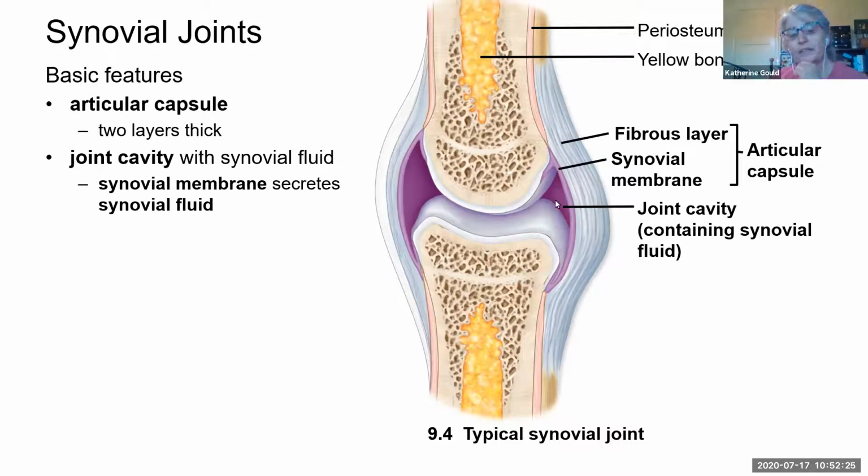Now, one of the cool things is, remember that articular cartilage is avascular. Sorry, not acellular, avascular. Meaning that this cartilage doesn't have blood vessels running through it. And so any nutrients that get to that cartilage to heal it have to get there by diffusion.